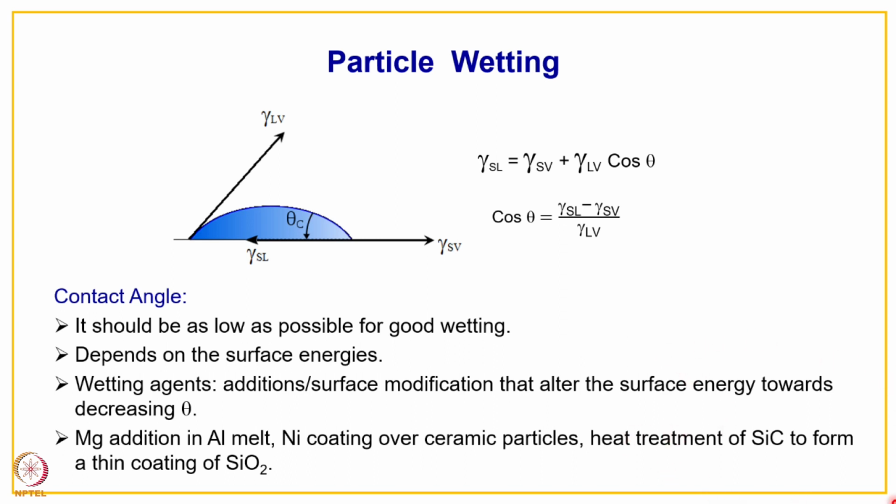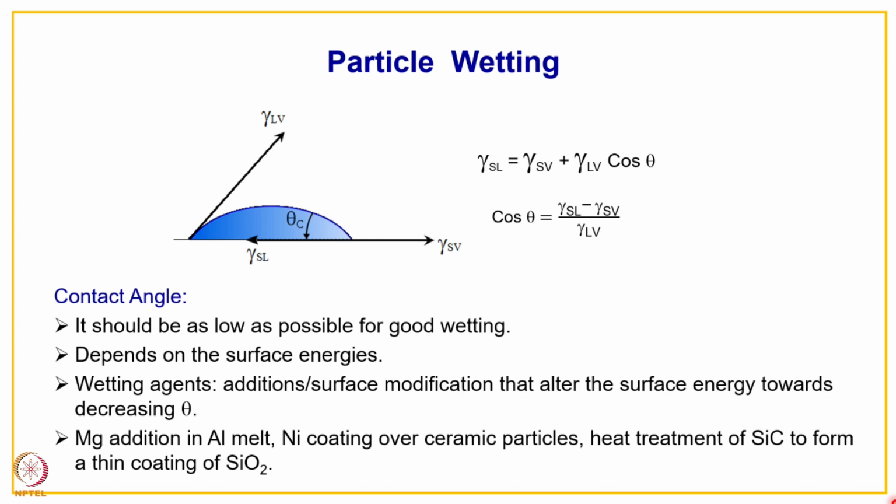So the surface condition of the reinforcement will play a major role here when you talk about the bonding between the reinforcement and the metal. You have to have a surface condition which will lead to a low contact angle, and then only you can expect a good wetting to happen, and only when a good wetting happens you can expect to have a good bonding between the reinforcement and the metal.